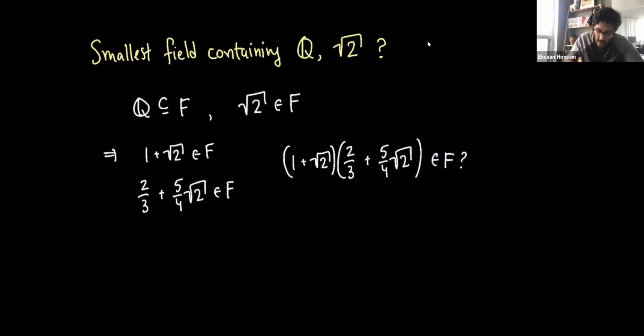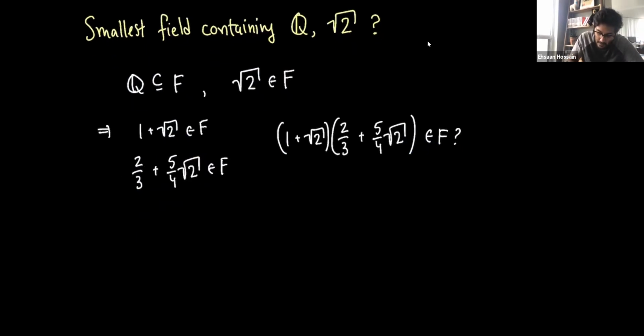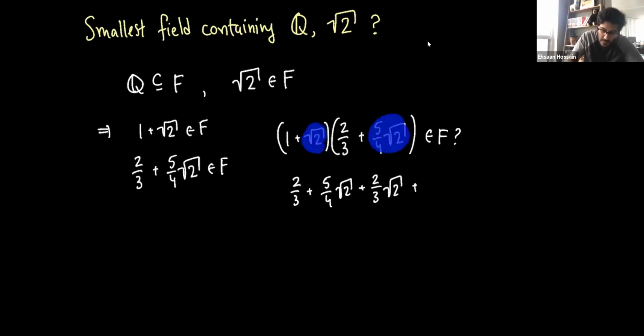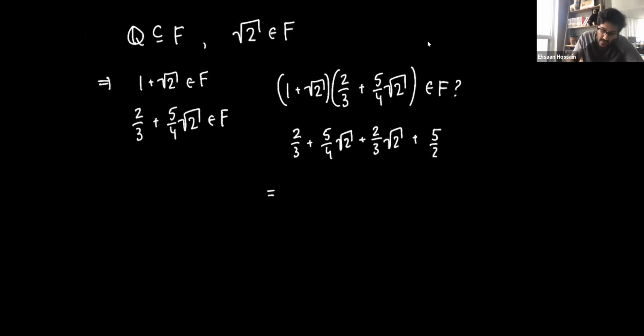And if I multiplied it out, I don't know why I made such a horrible number, but it's 2/3 plus 5/4 root 2 plus 2/3 root 2 plus root 2 times 5/4 root 2, which is 5/4 times 2, which is 10/4, which is also known as 5/2. So I can write this as 2/3 plus 5/2 plus, I just added these two numbers together.